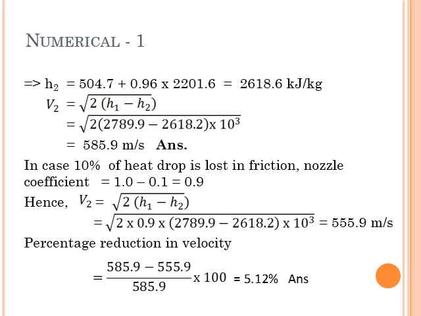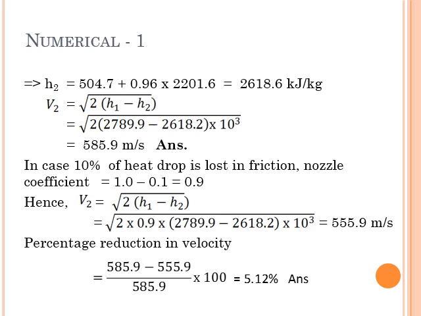So we substitute the values and see that V2 is equal to square root of 2 into (2789.9 minus 2618.2) multiplied by 10 raised to the power 3.